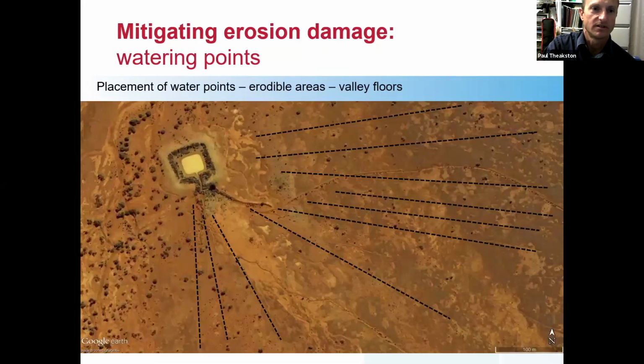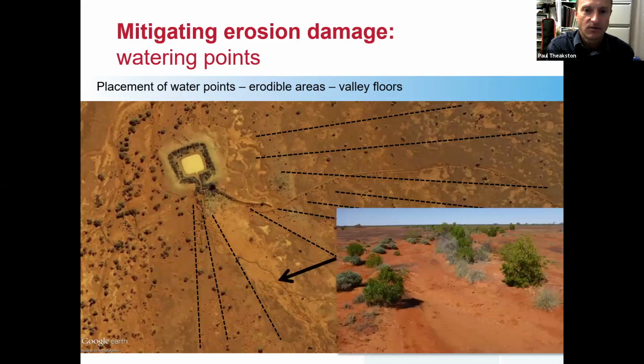Water points, or the placement of water points, another cause of erosion. So in there, you can see each of those dotted lines is a stock pad coming in to water. And that's what it looks like on the ground. So little gullies coming in all over the place into the water point.